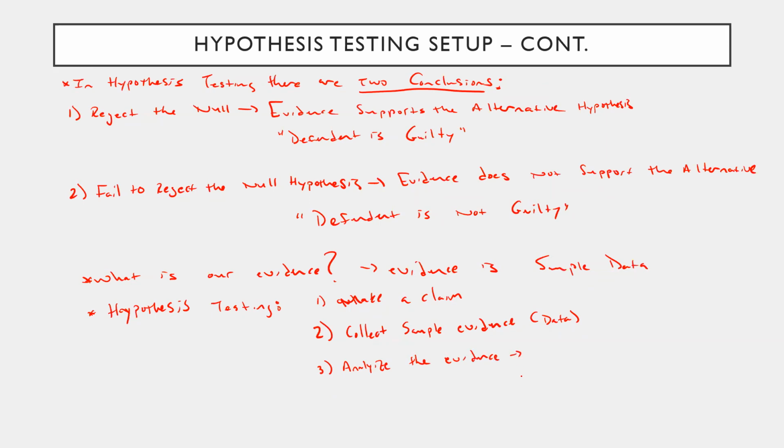Does the data support the claim? In this class, for the examples, I'm going to give you the data and the claim. What we're going to spend time focusing on is the steps and procedures for how you analyze the evidence. That's what this next week is going to be all about.